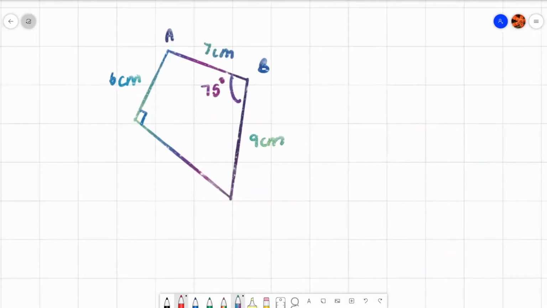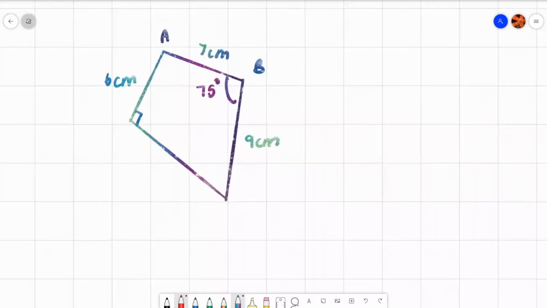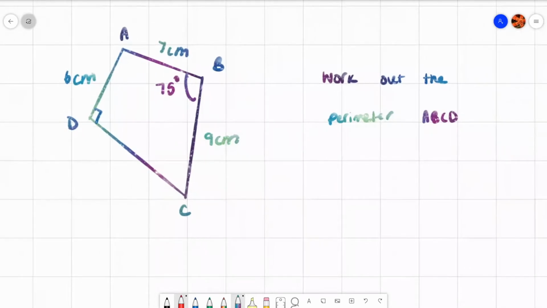Okay. And we have to work out the perimeter of ABCD. And let me just double check that I have copied the question out correctly. I have. Okay.